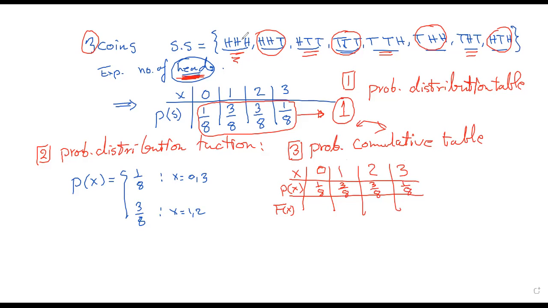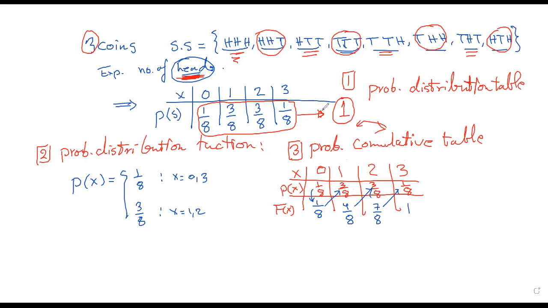Now the cumulative probability: the first is 1 over 8, which is the same as this one. Then we add 1 over 8 plus 3 over 8, that's 4 over 8. Then adding 3 over 8, that's 7 over 8. And adding 1 over 8, that is a 1.